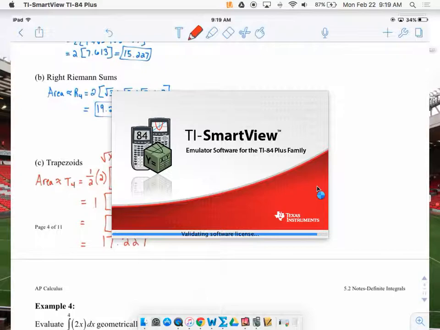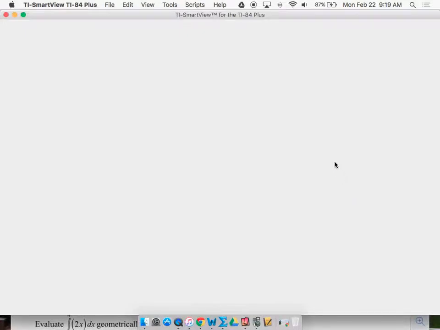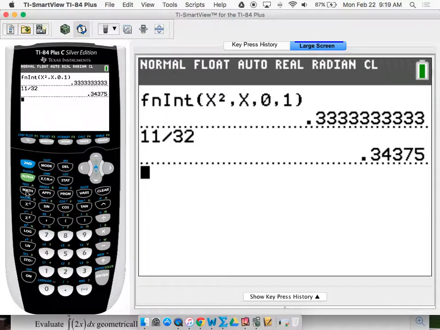So you type in your function, comma, x, comma, your lower bound, comma, your upper bound. So math 9, square root of x.